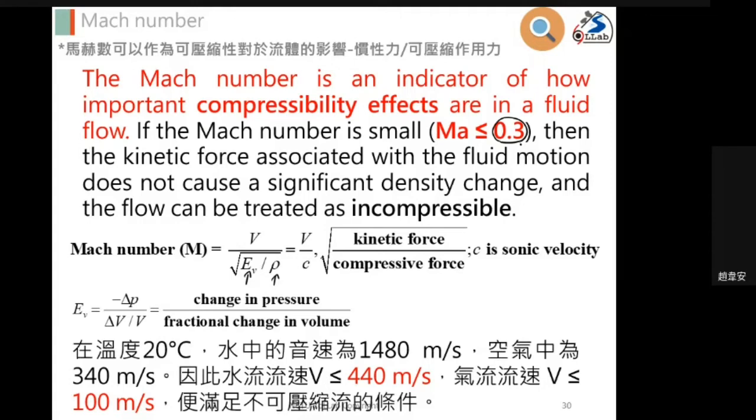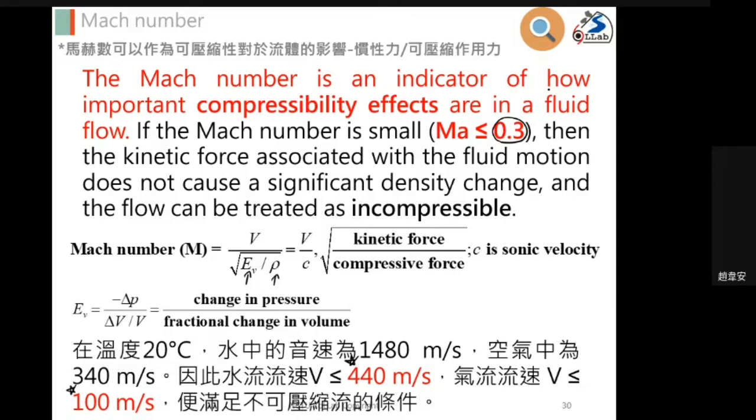So our fluid problem is satisfied in incompressible conditions. Those two parameters are very important when you meet a problem and you need to identify whether the problem involves the compressibility effect or not.